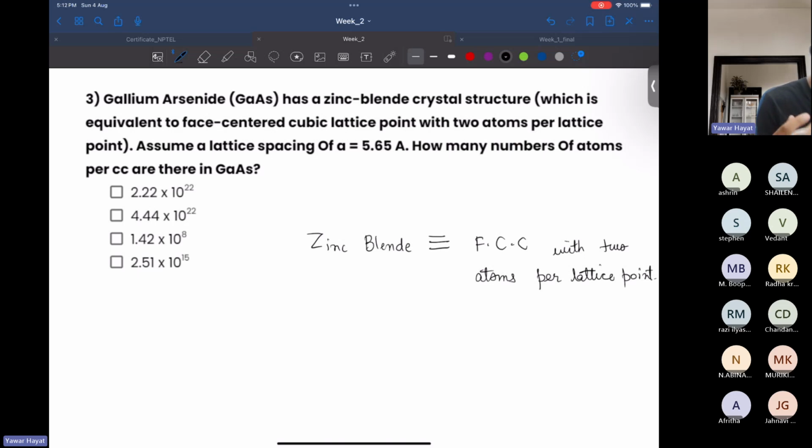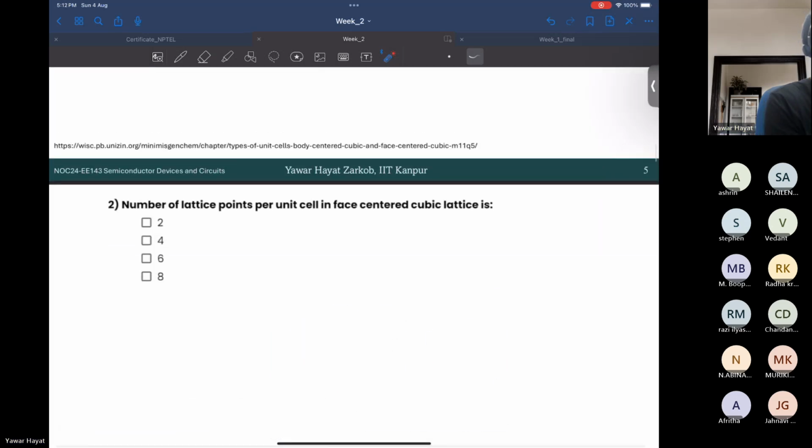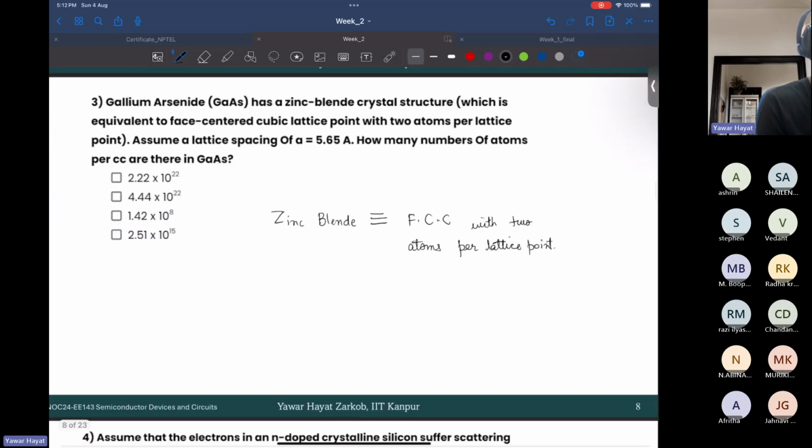So what is the number of gallium arsenide atoms per unit cell? We just saw, right? For FCC, it was 4. Two of you said it's 4, and we worked it out as well, right?